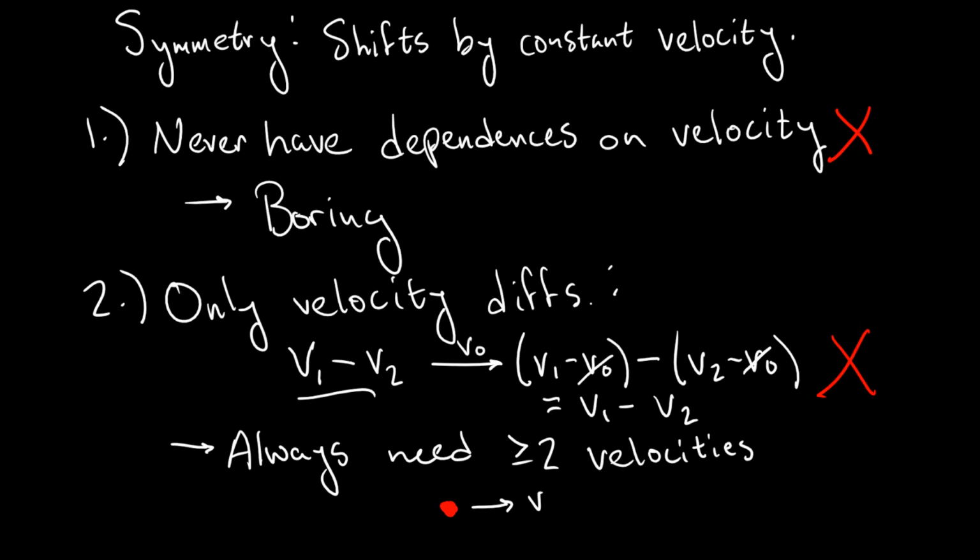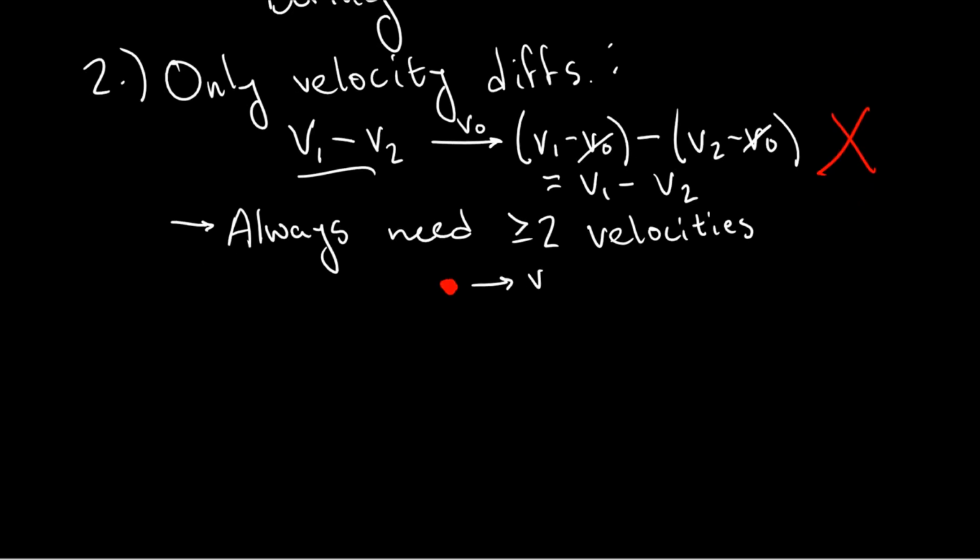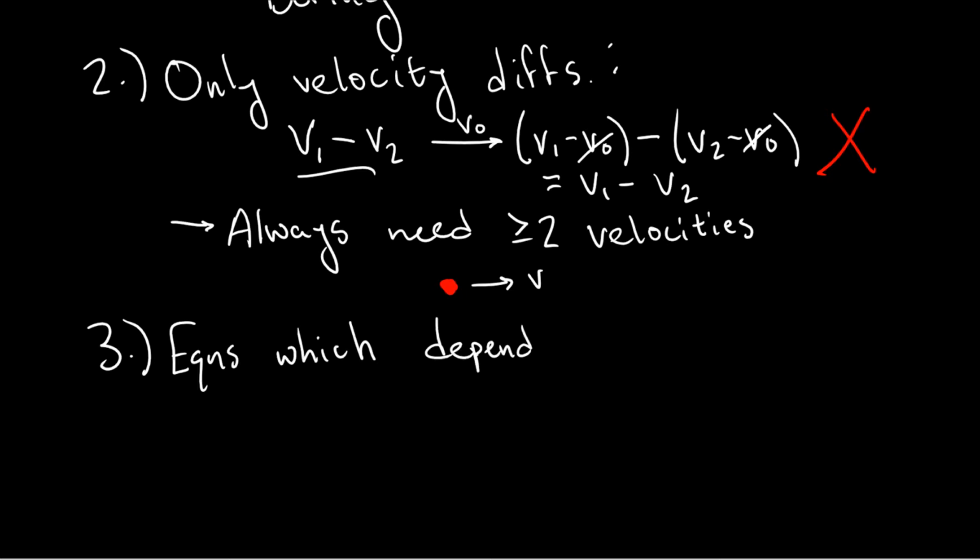So, a third option is we only have equations which depend on derivatives of velocity.